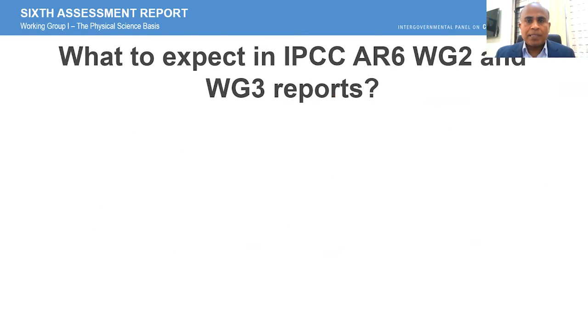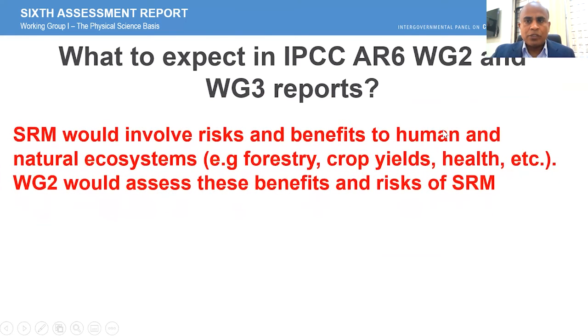Now, what do we expect in the next two reports that will be coming this year, 2022? First, let's look at what is probably going to be discussed in Working Group 2. SRM is going to involve risks and benefits to human and natural ecosystems, and so Working Group 2 is going to assess these benefits and risks of SRM.